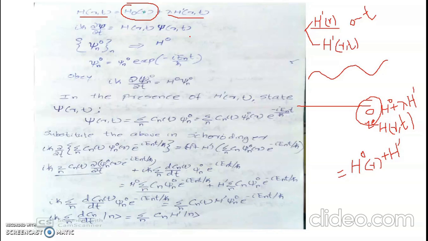The immediate consequence of this kind of time dependent perturbation happens to be the transition of the unperturbed system from some of its permitted stationary energy states to some other permitted stationary energy states, either following an excitation or following a de-excitation.